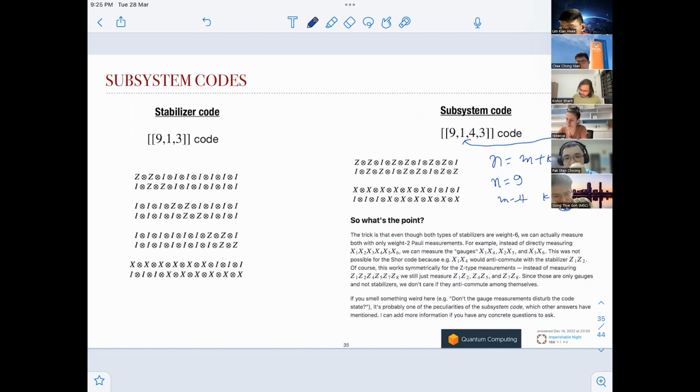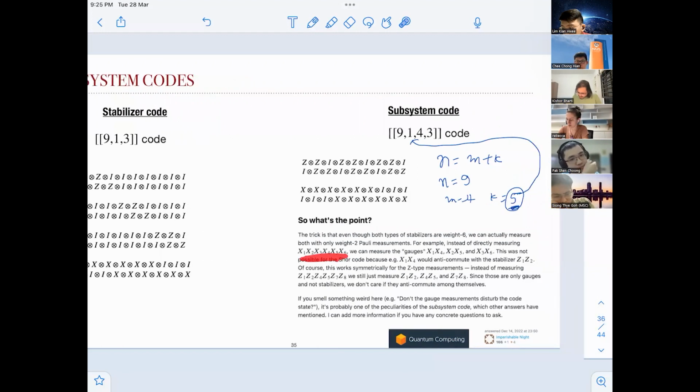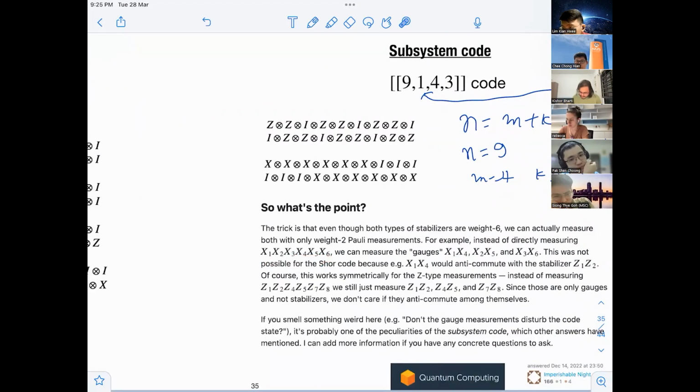So the idea is simple. These are x1, x2, x3. On the stack exchange, somebody answered nicely that these are weight 6, but you can measure x1 x4, x2 x5, x3 x6, and you can multiply them, and you get x1, x2, x3, x4, x5, x6. You cannot do this in the Shor code, because x1 x4 would anti-commute with the stabilizer Z1 Z2.